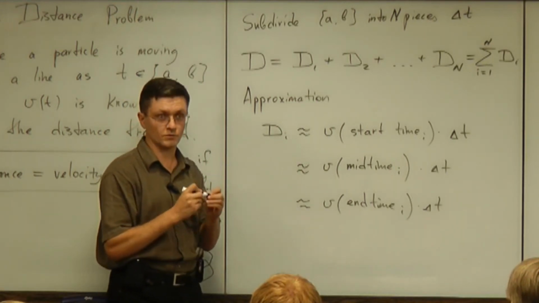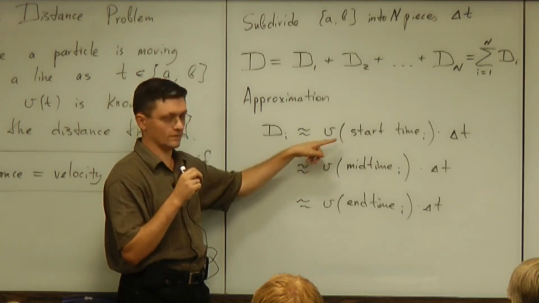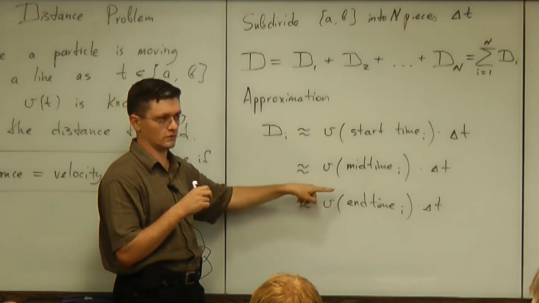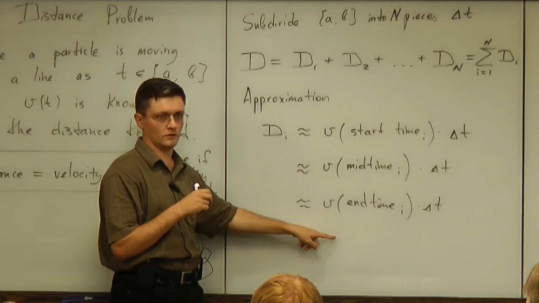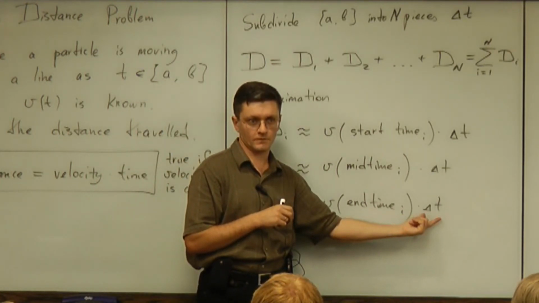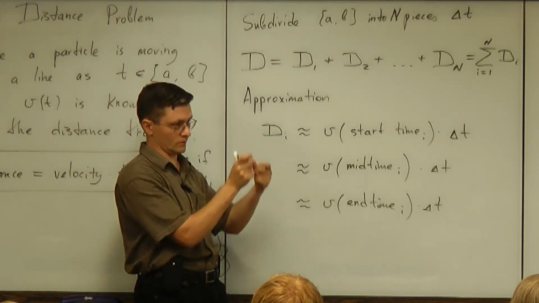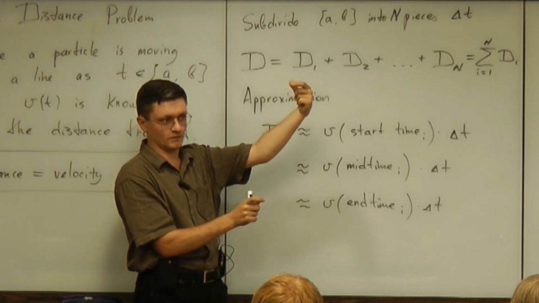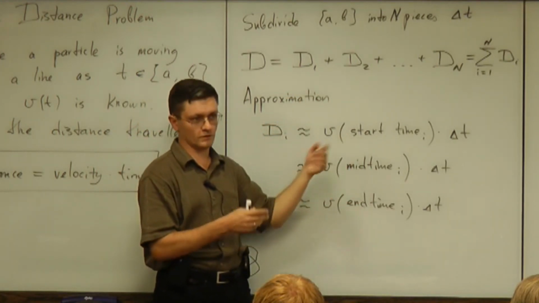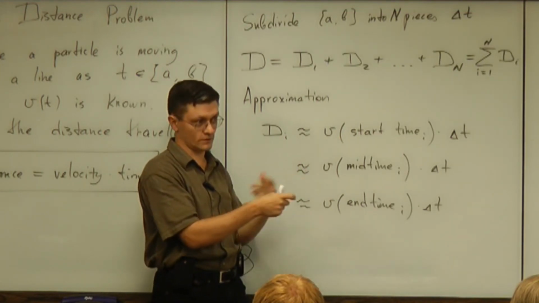It's a similar argument as for the area. We assume here, and we now have to speak physics language, right? We assume here that velocity doesn't change a lot during a short interval of time. So when we did approximation geometrically, we said that whatever we see looks like a rectangle, and that's the geometry language. Now we say that velocity doesn't change a lot, changes just a little, and that's the physics language.